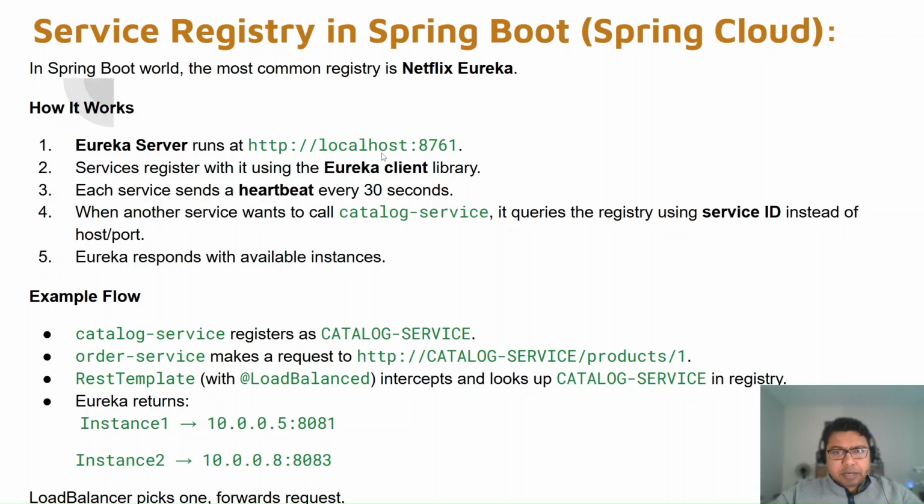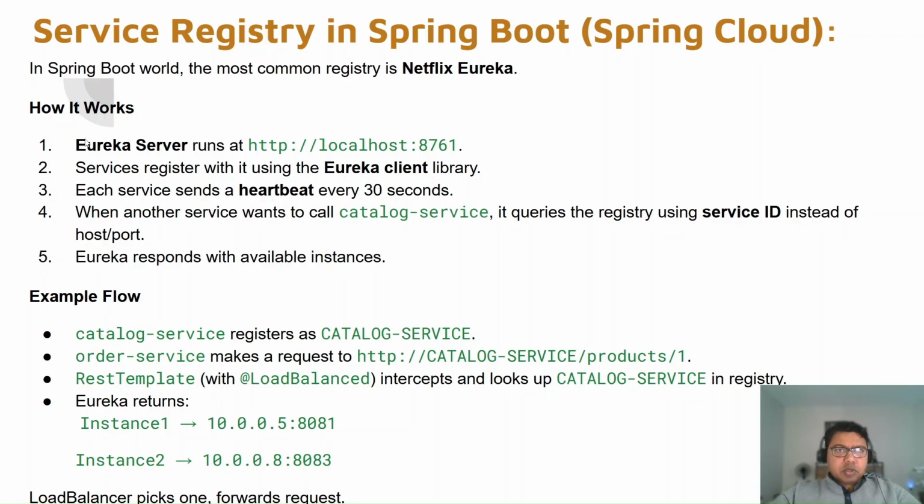Now we'll see some examples of how it is implemented and how it works in the real world. Service registry in Spring Boot: in the Spring Boot world, the most common registry is Netflix Eureka, and we'll be doing some programming with Eureka in the second part of the video.